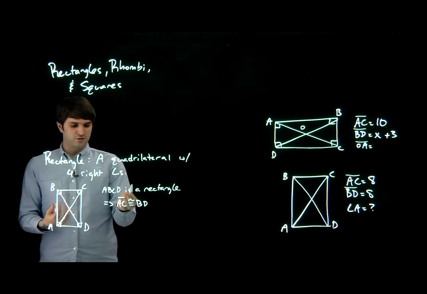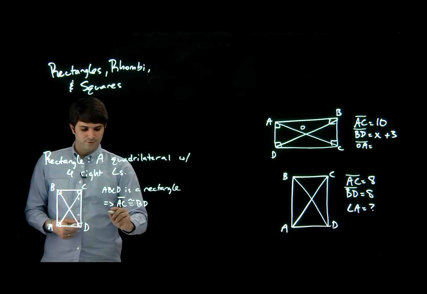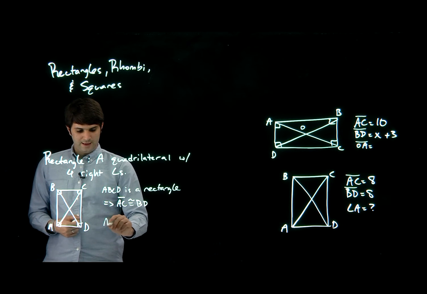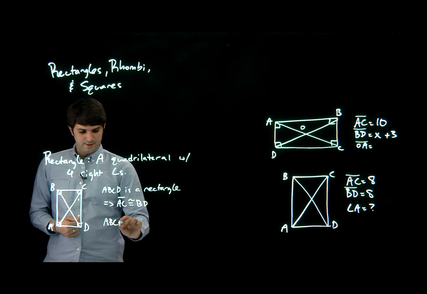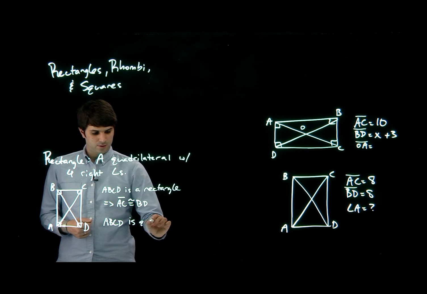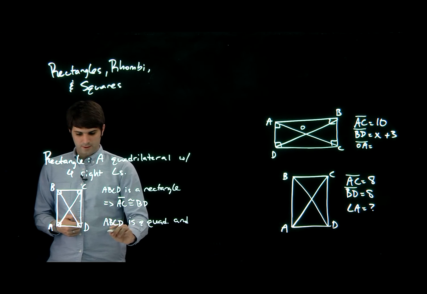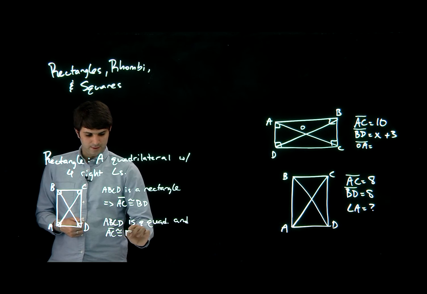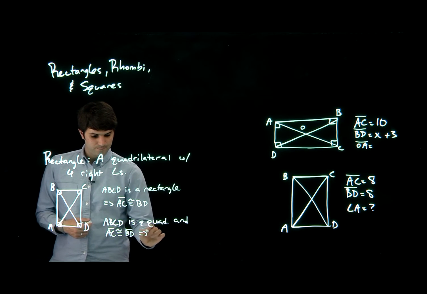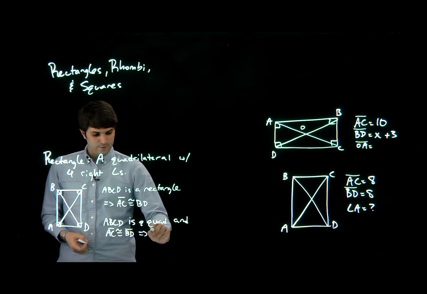Furthermore, we have the converse. So this is a theorem. If ABCD is a rectangle, then AC is congruent to BD. And if ABCD is a quadrilateral and AC is congruent to BD, then ABCD is a rectangle.